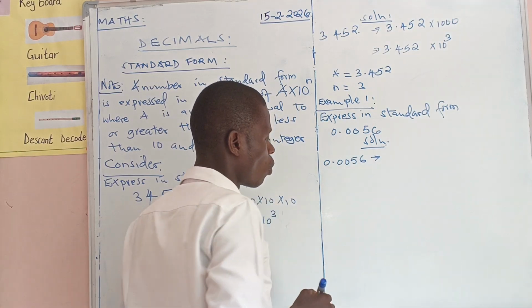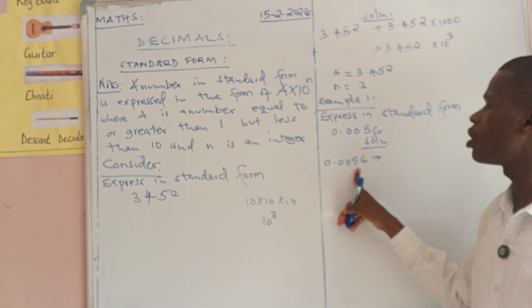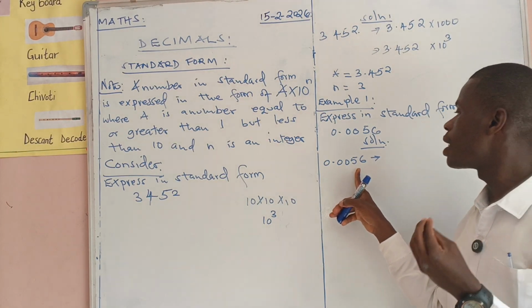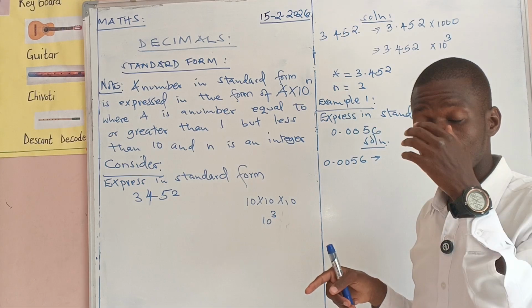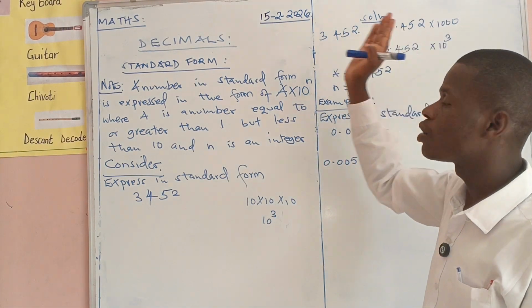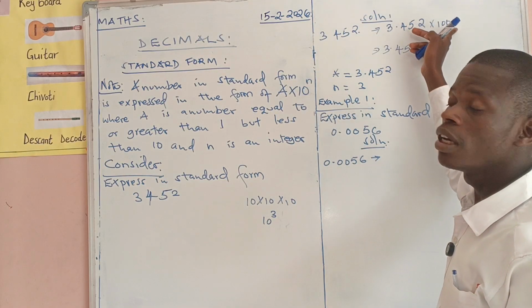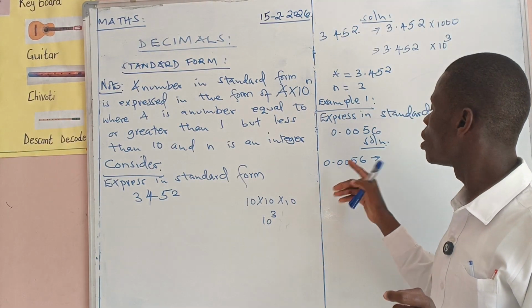0.0056. Where is the position of the decimal point? Already here we can see this is not a whole number, this is a decimal number. In a decimal number, we can see the position of the decimal point. But for a whole number, the decimal point is always to the right of the ones digit. Here, we are moving the decimal point where?